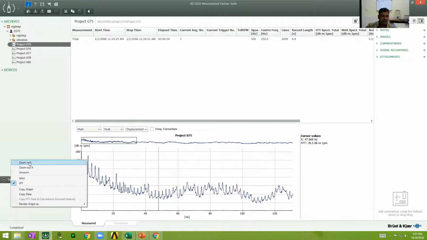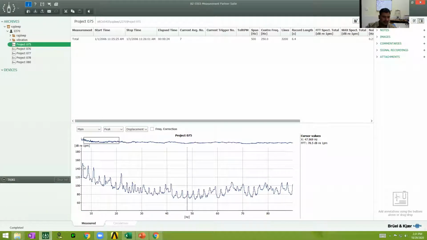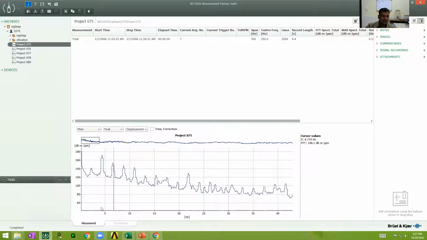You can see this peak corresponding to 160 hertz, because if I zoom further, it will show the exact reading. This is the maximum operating speed at which it shows the maximum amplitude. This is not resonance.